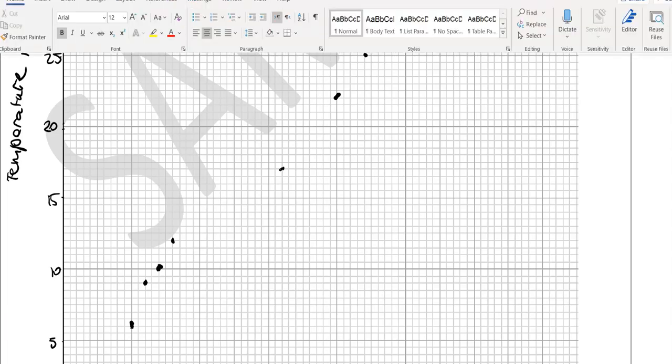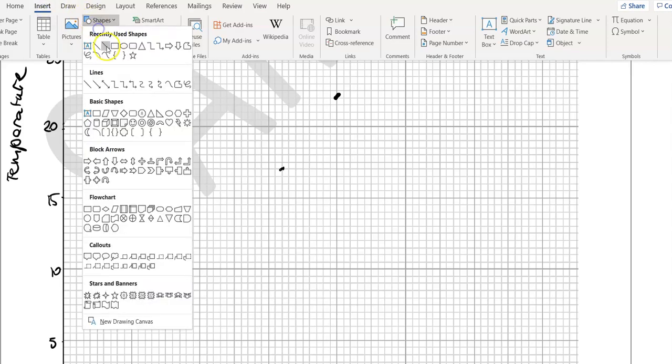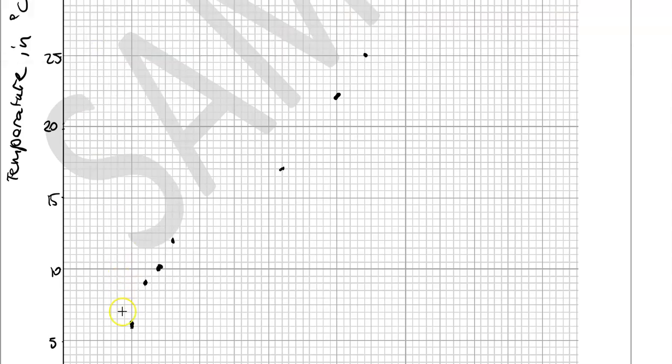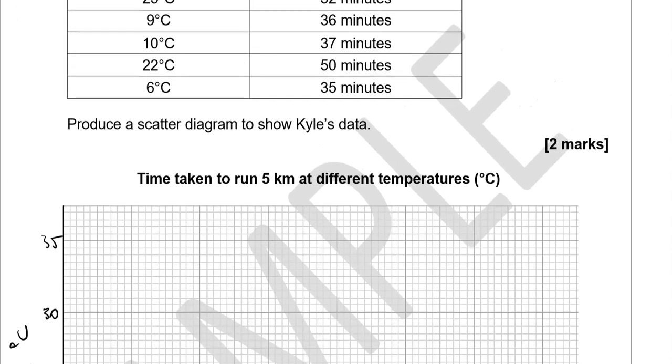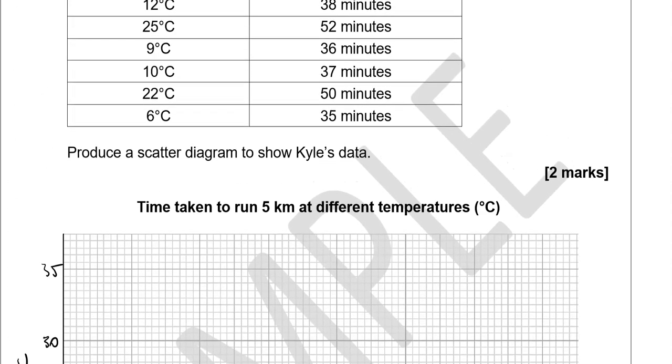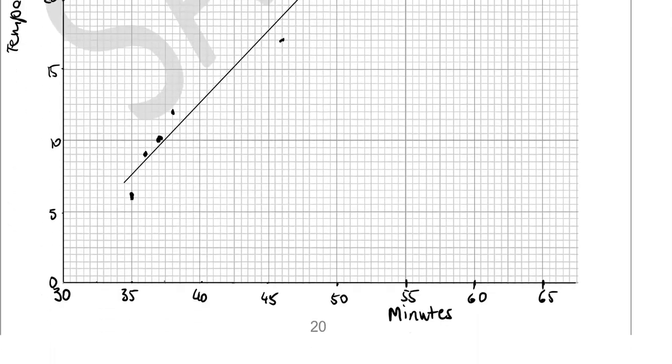We can show that with a line of best fit quickly. So about here. So the question was to produce a scatter diagram to show the data, and we've just done that.